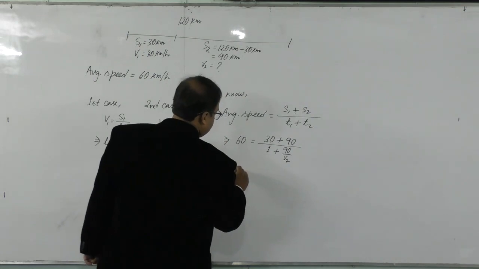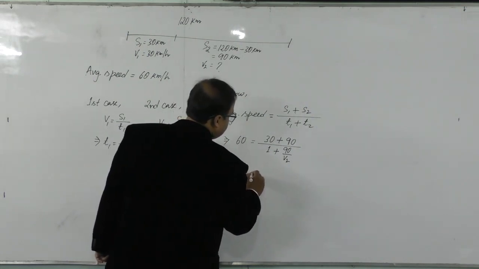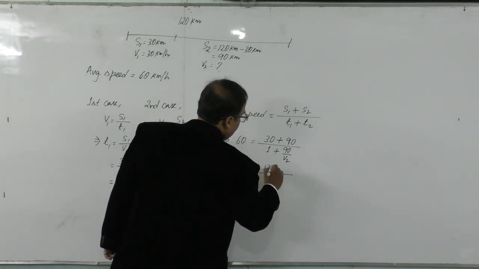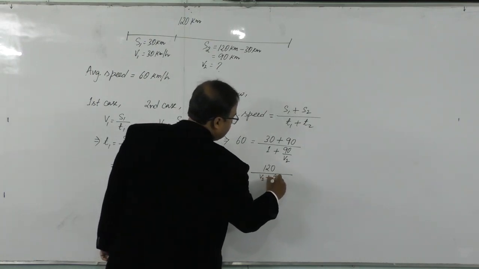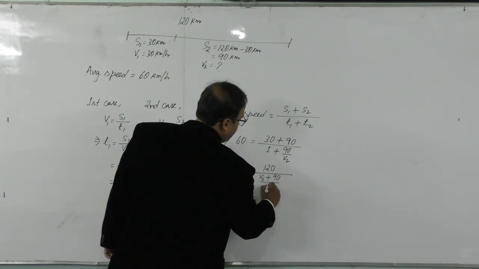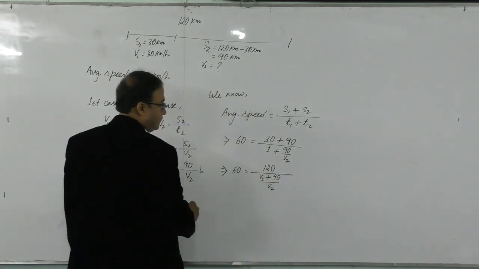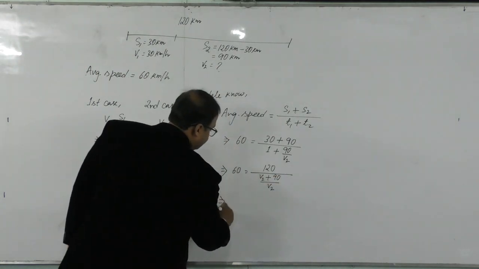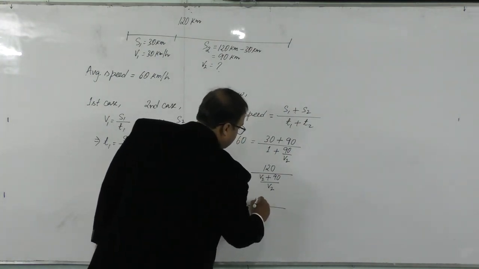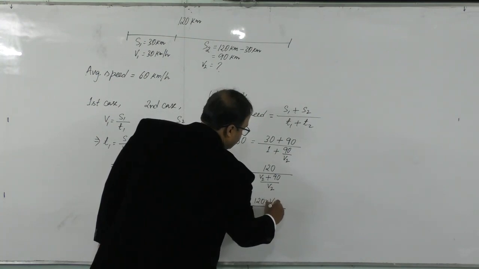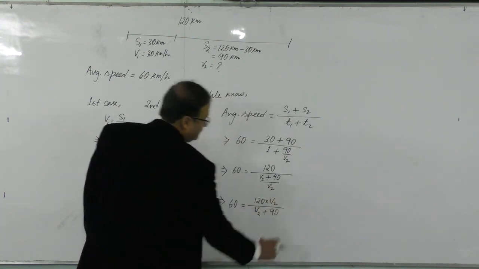So 60 equals 120 by 1 plus 90 by V2. If we simplify it, 60 equals 120 V2 by V2 plus 90, like this.